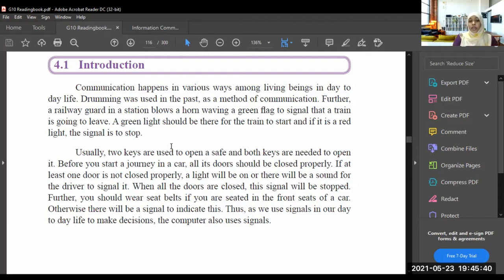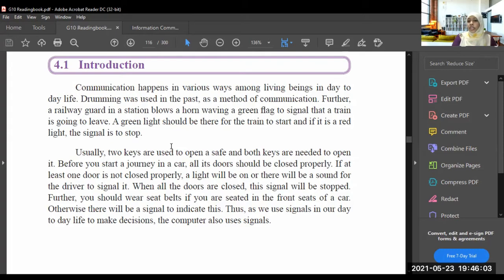So to open a safe we have two keys. Both keys are needed to open it. So if you want to open this safe, then you should have both keys. One key is not enough.